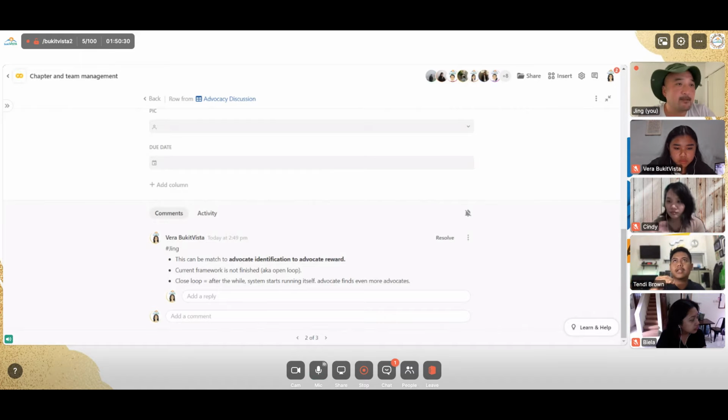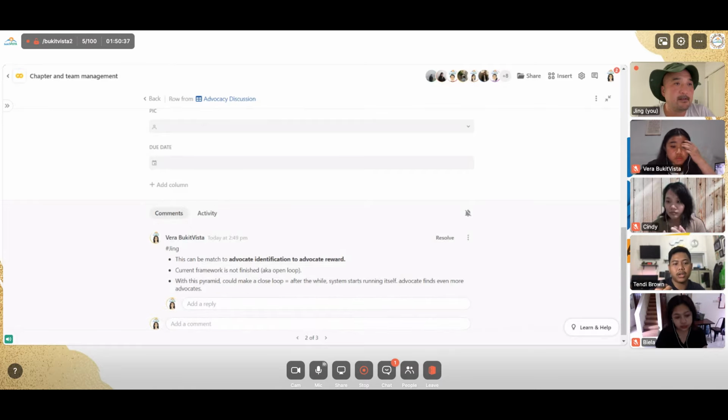But actually, after we give this reward, the appreciation for our advocate, the advocate will post it, for the awareness, not the advocacy story that we collected. For the distribution, the advocate is willing to spread it with their happiness, right?